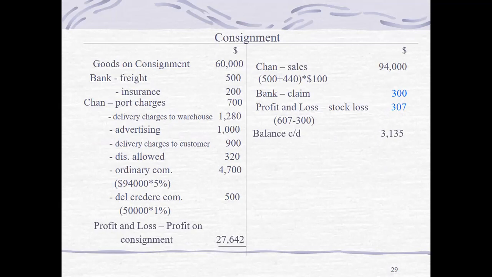We can attach the word consignment to sales. Consignment sales less cost of consignment sales equals gross profit on consignment sales less the operating expenses equals the profit and loss, which should be this particular amount. So we can also make use of that particular formula.